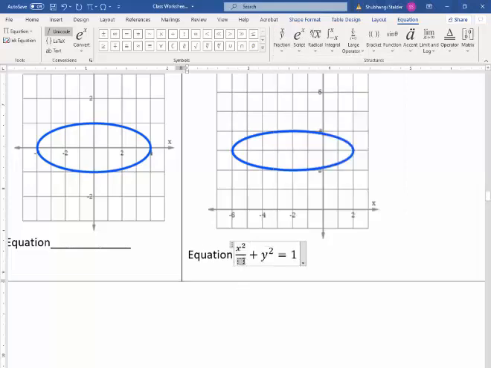Yeah, over 4. But then you have to change the x also because it's shifting. So it's going how many units to the left? The center has moved 2. And then the y has also shifted. It's gone up. So y minus what? 3? Yep, that will be your answer.